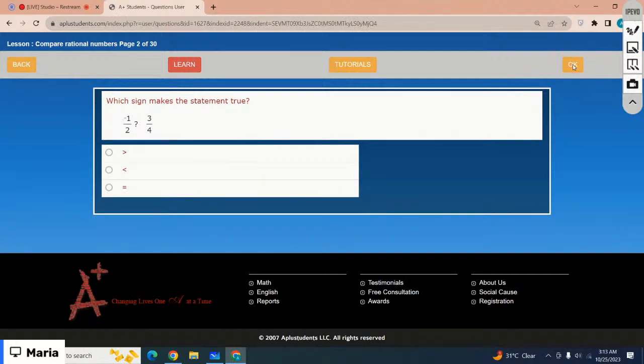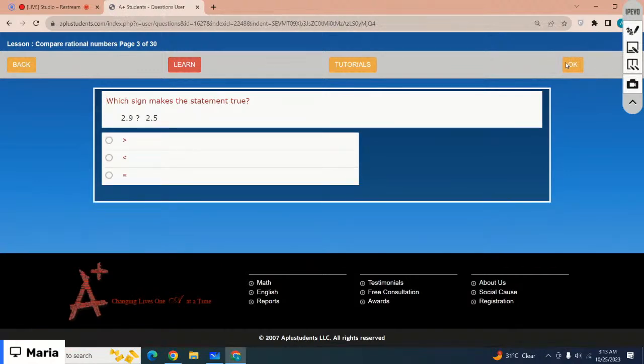The next one is which sign makes the statement true? Negative 1 over 2 and 3 over 4. Which is the correct option? Negative numbers are less than positive numbers. So negative 1 over 2 is less than 3 over 4. Very good.